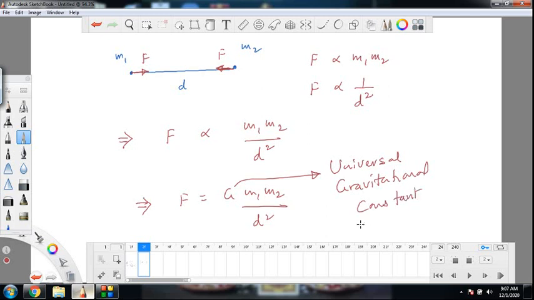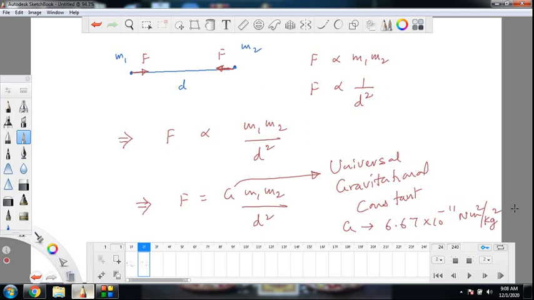Its value experimentally has been found to be 6.67 into 10 power minus 11 Newton meter square per kg square is the unit. That means whenever you take any two objects and you are trying to find the force that one object exerts on another because of gravitation, this constant will be used.